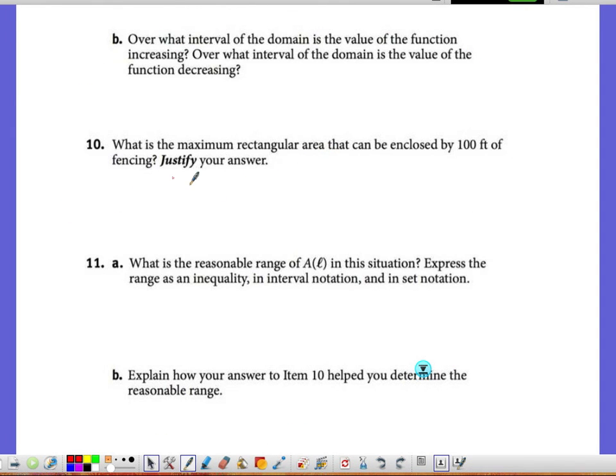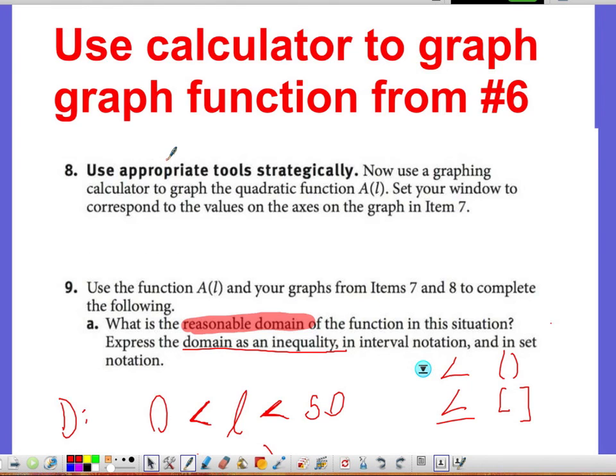So, looking at the graph, the maximum seems to be where the length is 25 and the area is 625. And so just go ahead and justify your answer using this reasoning, or looking at what we just looked at here.